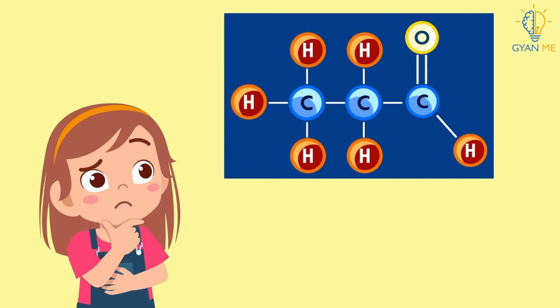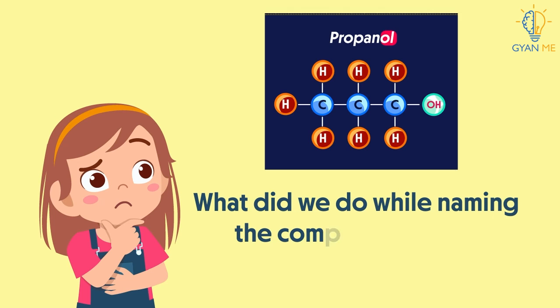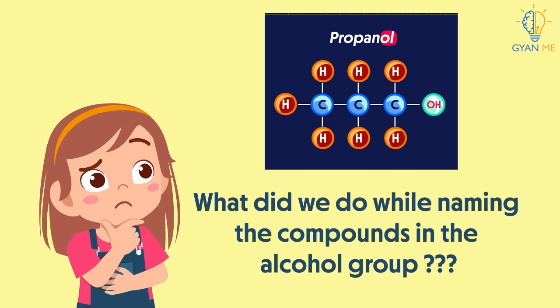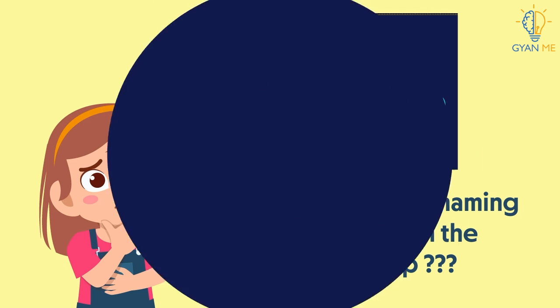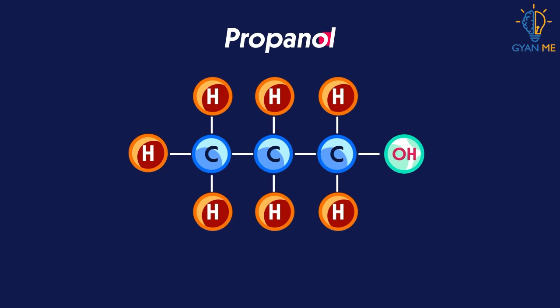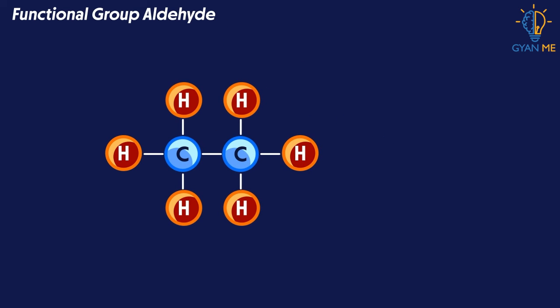It's easy. What did we do while naming the compounds in the alcohol group? Pause the video, take a second and recall that. Yes, we added the suffix ol behind the name, isn't it? Yes. Something similar happens here.